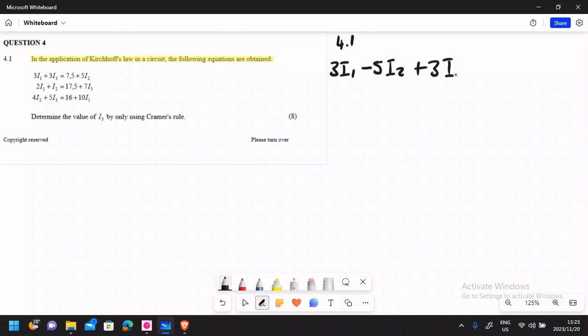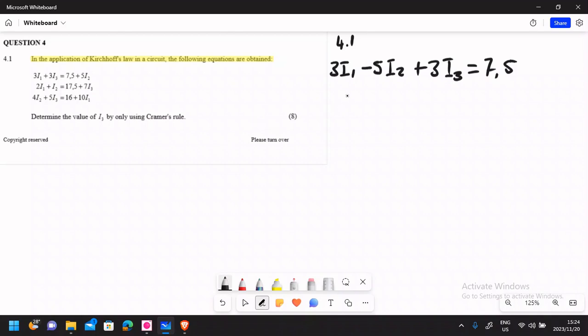Remember, guys, they must be in order. Then we leave the constant here, which is 75. There we go.